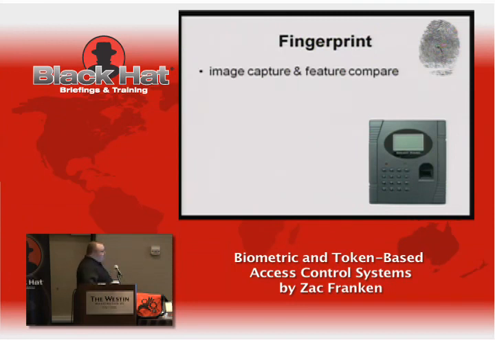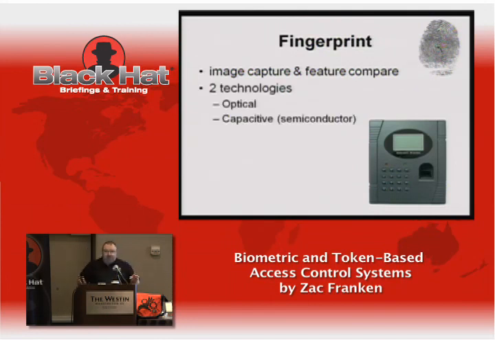You'll see a recurring theme in the biometric section: we have an image capture and feature compare. With fingerprints, they tend to use two technologies. You have optical sensors and semiconductor sensors, which tend to be capacitive. But they both take images, so even your semiconductor sensor is actually just an image device.